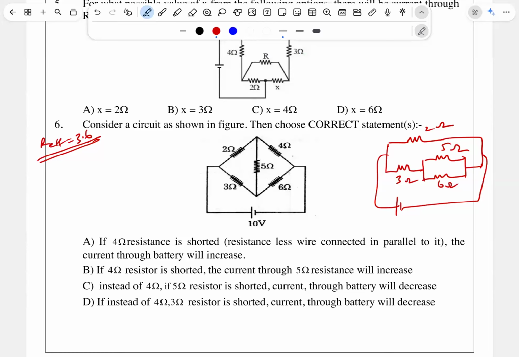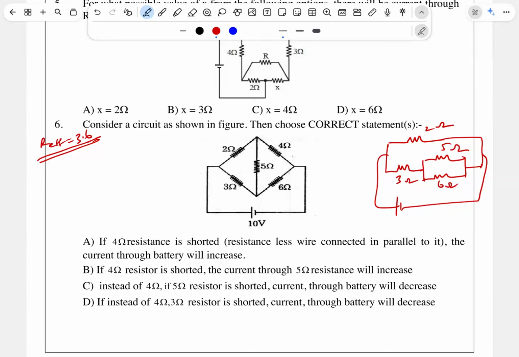Now in this case, 5 and 6 are in parallel, 3 ohms in series, and 2 ohms in parallel. The result is not even more than 2.